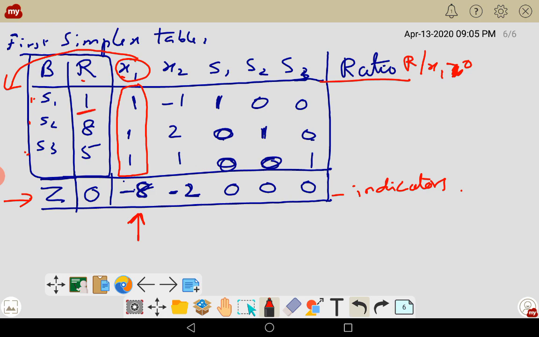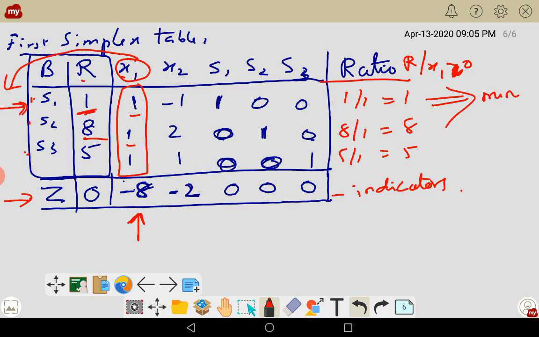So first element 1 over 1, the answer is 1. 8 over 1 is 8. 5 over 1 is 5. The minimum ratio is this one, which tells you the variable s1 is moving out, so x1 replaces s1 in the next table.